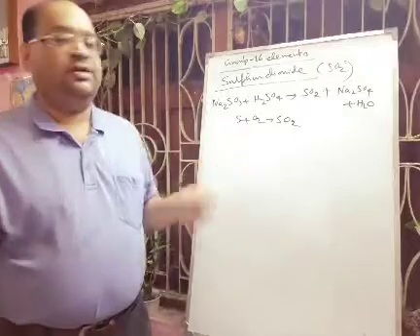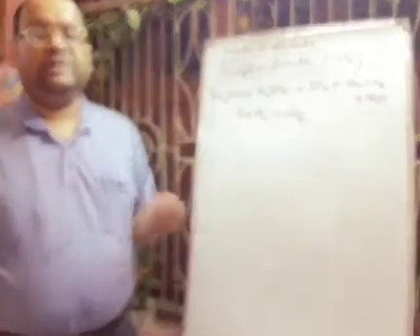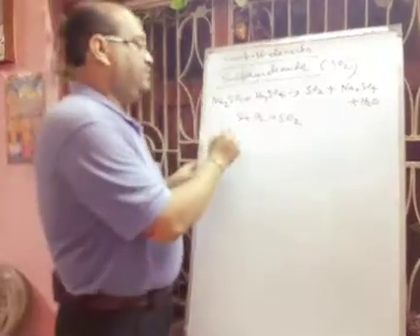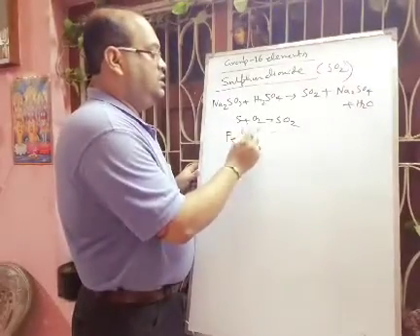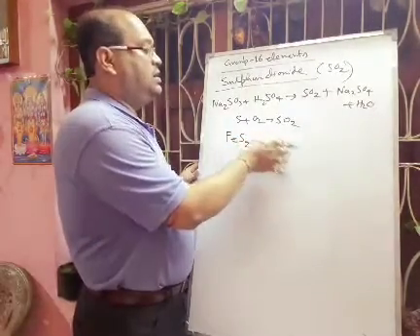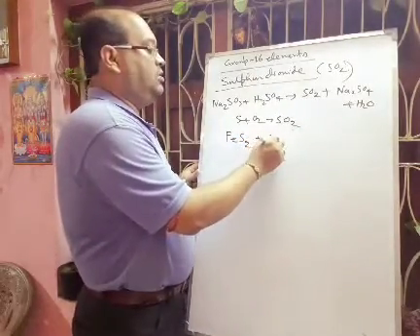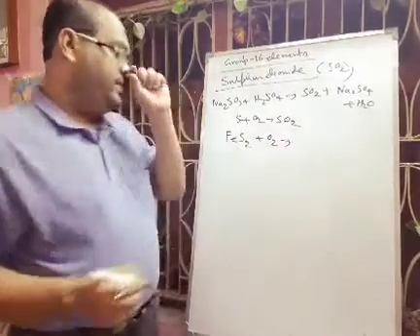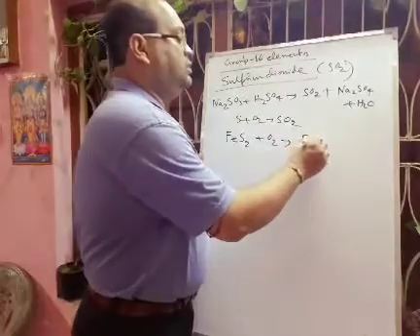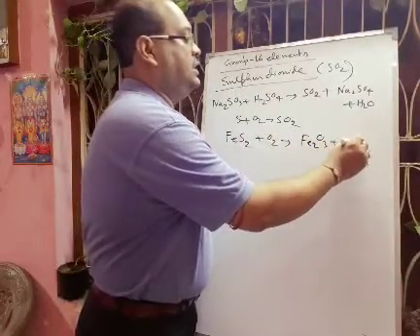So the better method is roasting sulfide ores. You can take FeS2, iron pyrite, and when you burn it in the presence of oxygen, definitely it will produce Fe2O3 plus sulfur dioxide gas.